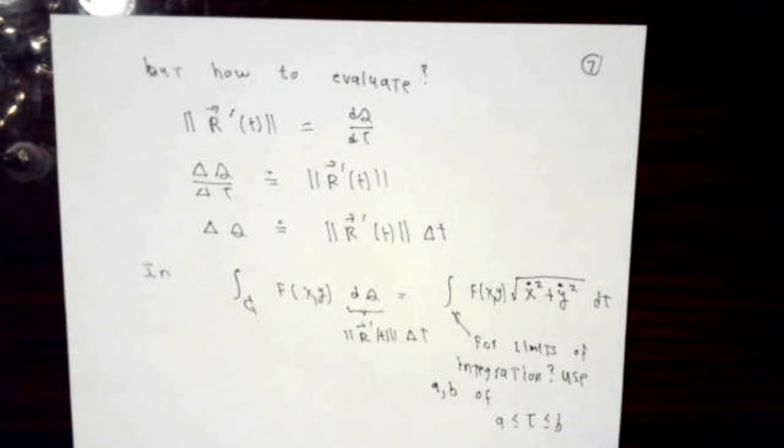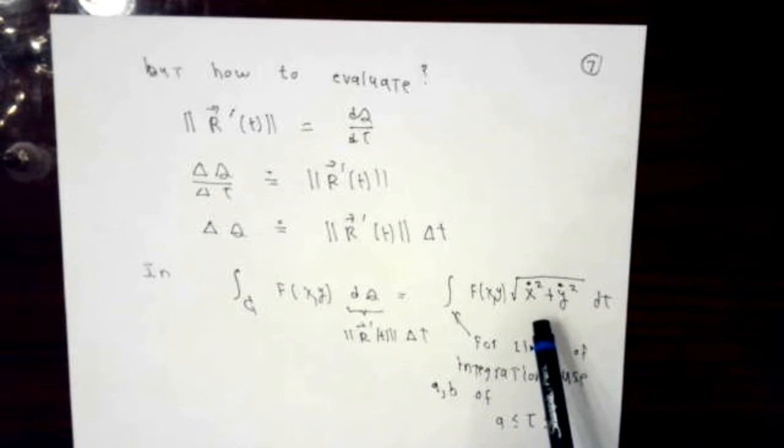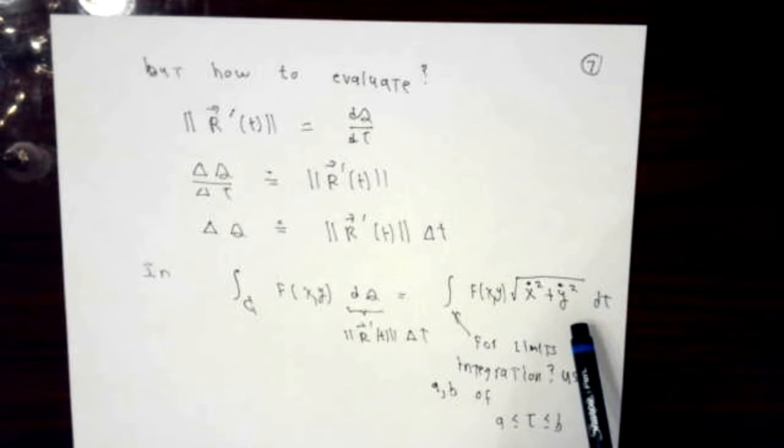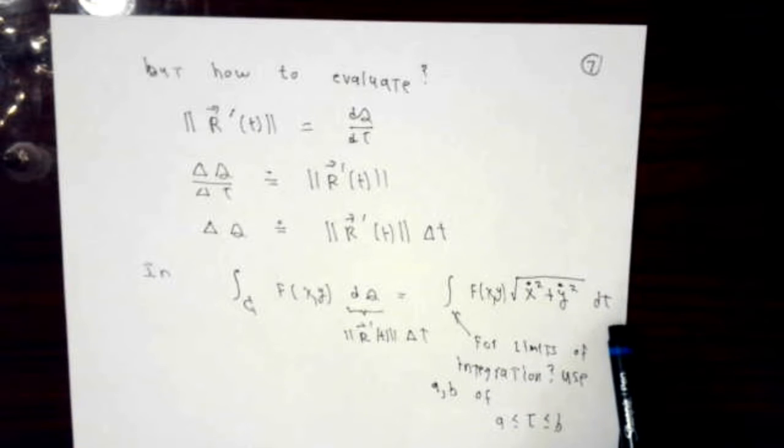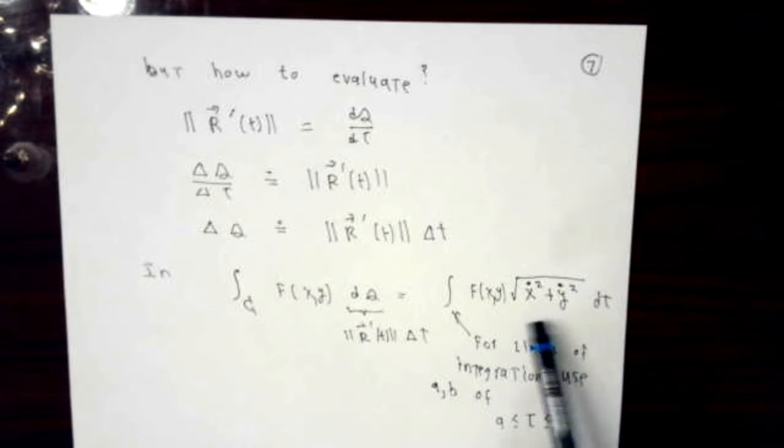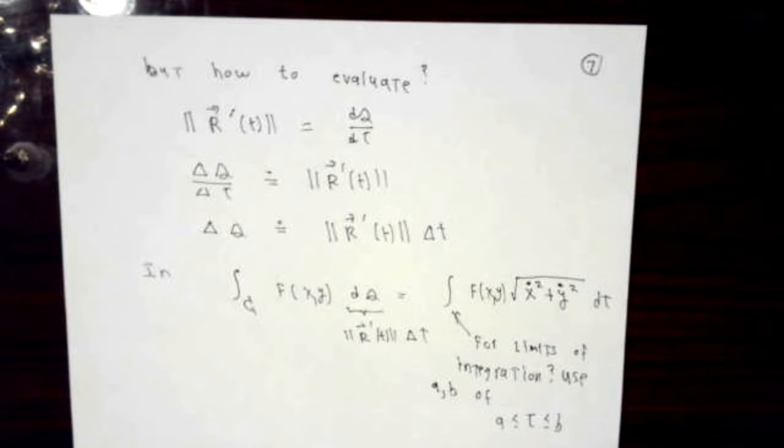If we have parametric equations in 2 dimensions, the velocity vector is just the derivative of the position vector. So using the dot notation this time around, take the derivative of x with respect to t, square it, take the derivative of y with respect to t, square that, add them together, take the square root, multiply by dt, that is ds.